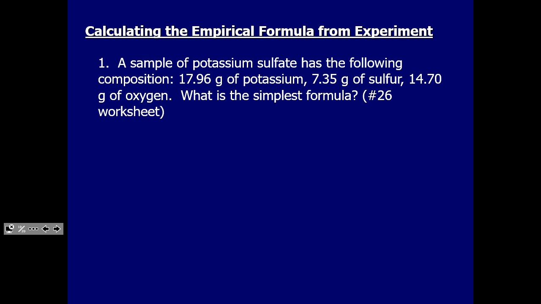You don't need to write down the fact that this is number 26 on the worksheet. So this is an old sheet that I got years ago out of a book that, when I started teaching, had just a bunch of extra practice problems for various types of things. And this is a very nice straightforward sheet that deals with empirical formulas. On the front, it's pretty well all percentages.